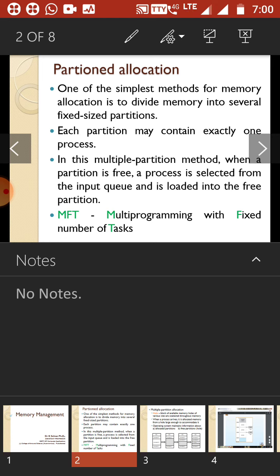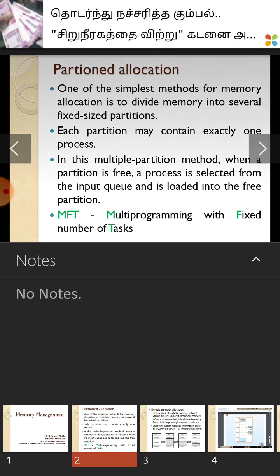This technique is generally called MFT, that is multi-programming with fixed number of tasks. That means the entire user memory area is divided into many partitions with a fixed size, so there is a fixed number of blocks in the high memory area.